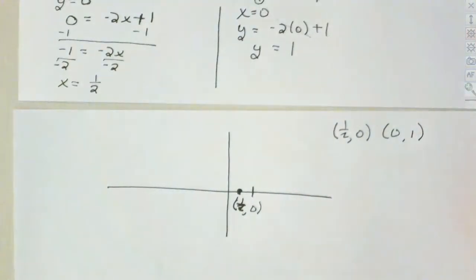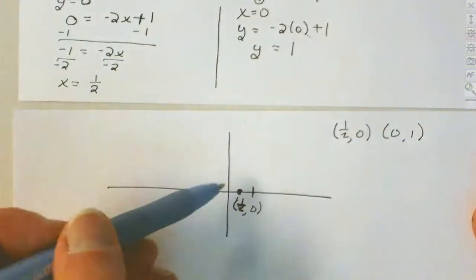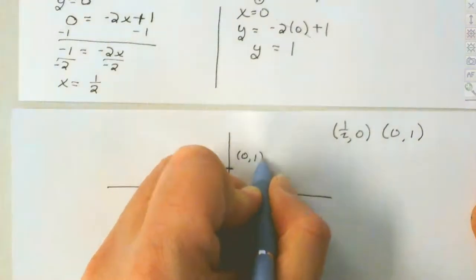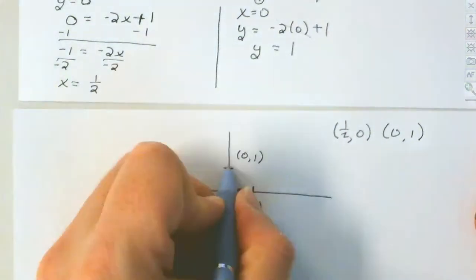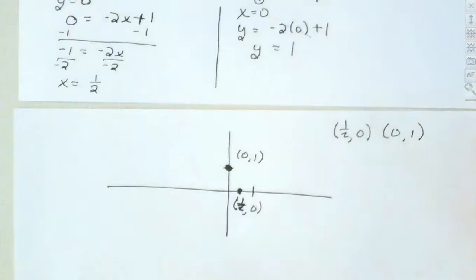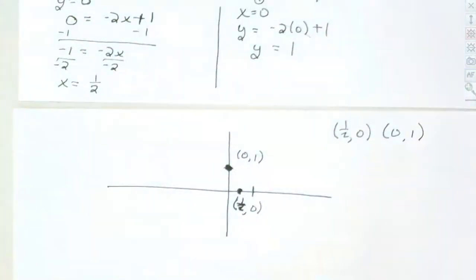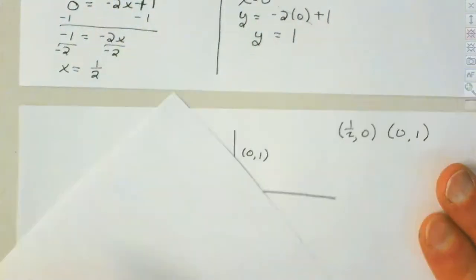We're just learning how to plot these points. What about my other point? My other point is at 0 and up what? 1. Do we have two different points? Yes. We can now take these two separate points and we can connect them together and graph our line.